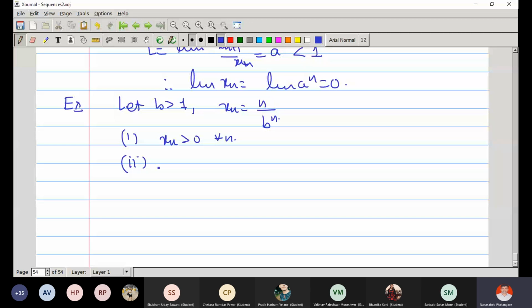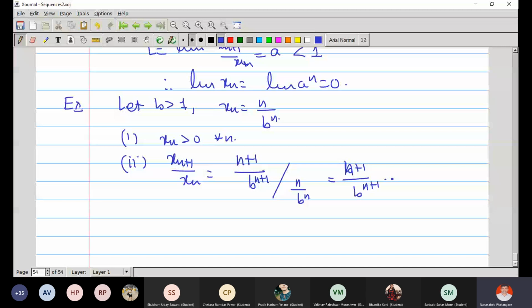Now look at xn plus 1 upon xn. So what is xn plus 1 upon xn? xn plus 1 is n plus 1 upon b raised to n plus 1, divided by n upon b raised to n, which is n plus 1 upon n into b raised to n upon b raised to n plus 1. So b raised to n cancels, and we get n plus 1 upon n divided by b.